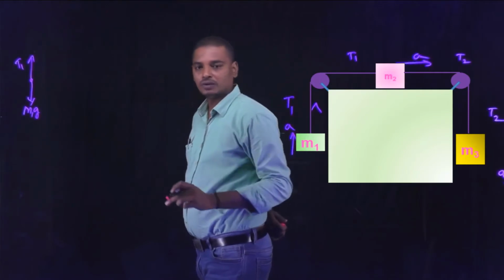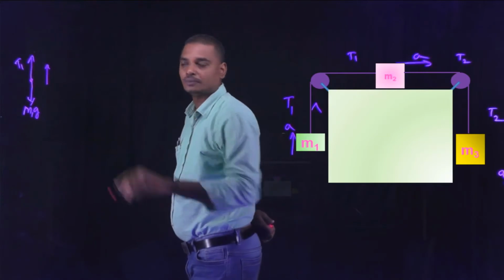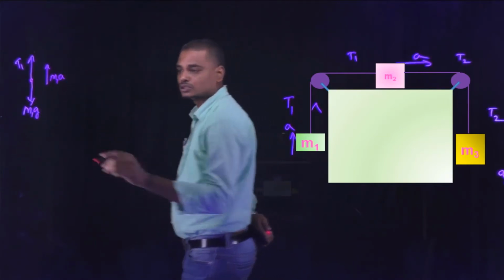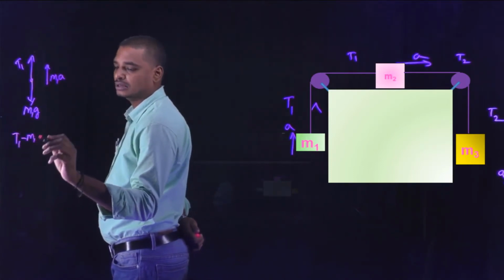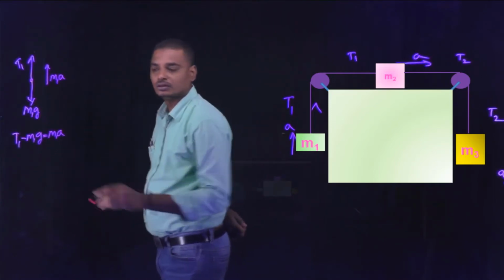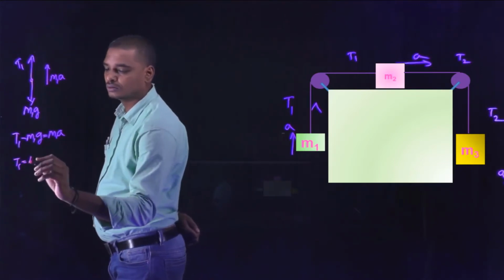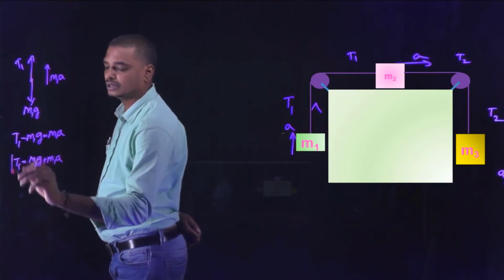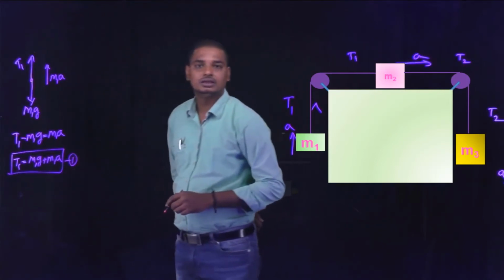As the block is moving upward with an acceleration A, the net resultant force is also in the upward direction, which is M1A. So the equation can be written as T1 minus M1G is equal to M1A. Therefore, T1 is equal to M1G plus M1A. Let it be equation 1.